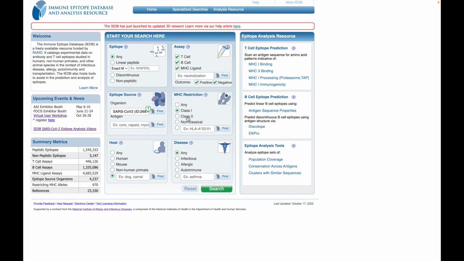So we have class 1 and class 2, or non-classical, right? MHC stands for major histocompatibility complex. In humans, it's the human leukocyte antigens, which are located on the surface of every cell in the human. MHC just helps our white blood cells to distinguish our healthy and our infected cells.